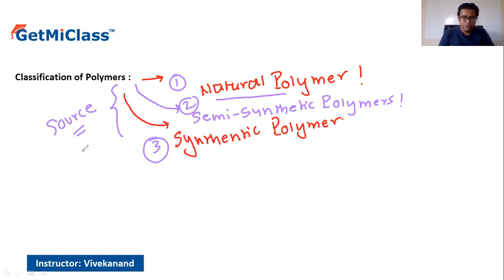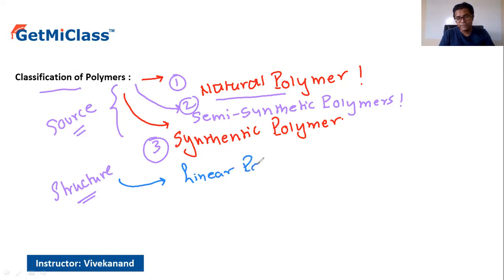If we take a look into the structure, that is the classification of polymers on the basis of structure. Okay, on the basis of structure, again, we can have the classification into 3 classes. 1, it is called the linear polymers.